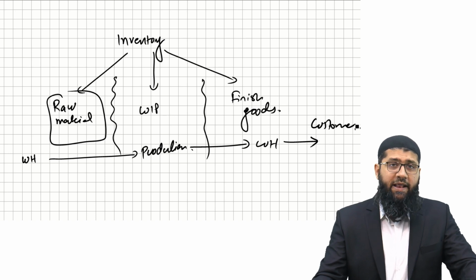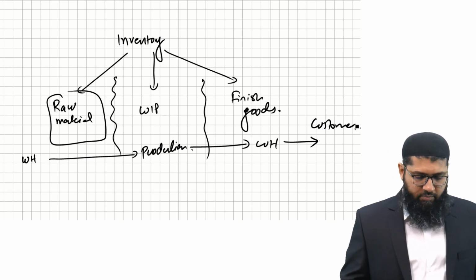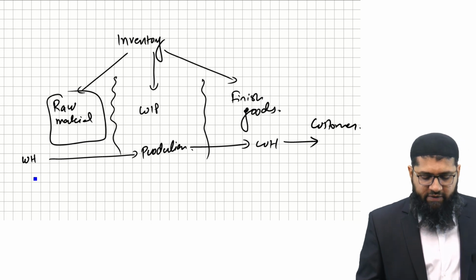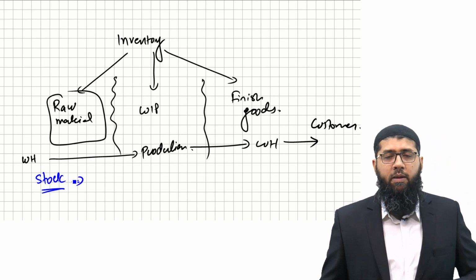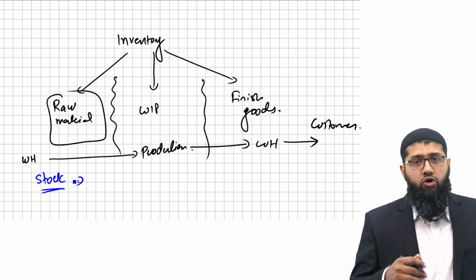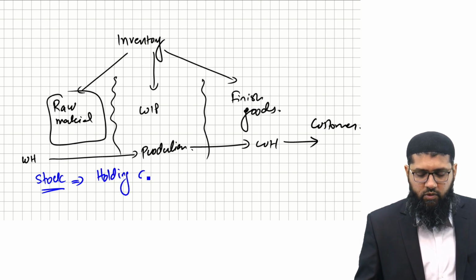Now the problem that actually arises is that when you have got inventory in stock for long term, holding the stock actually has got some problems. Now what are the problems of holding the stock? The holding of the stock has a holding cost attached to it.